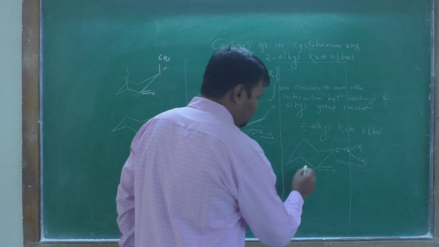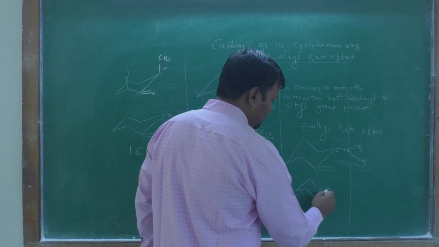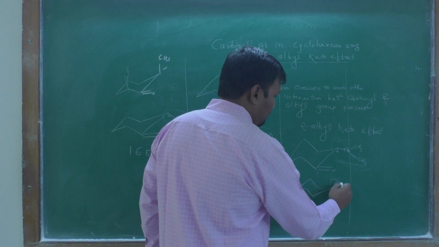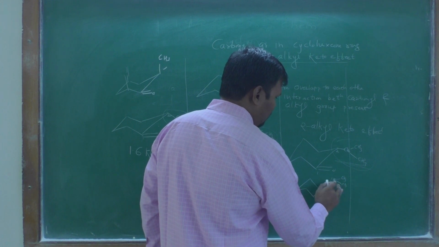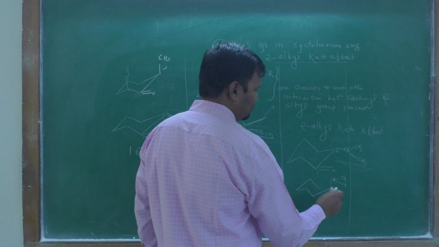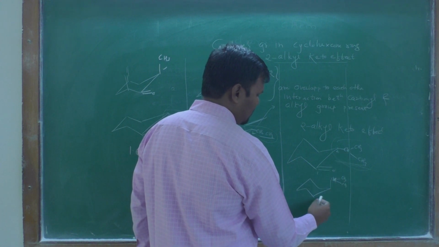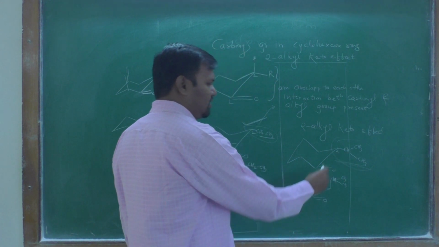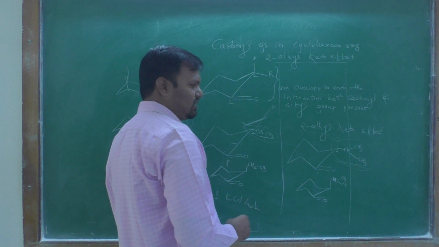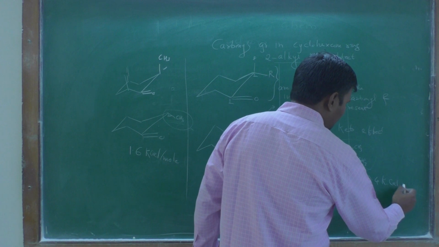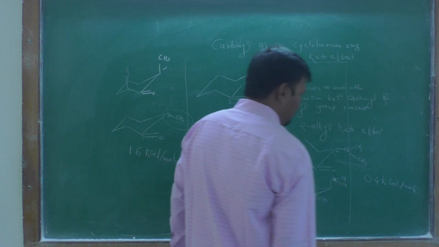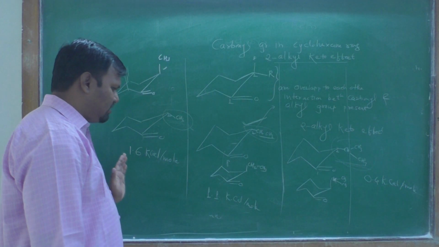In the third case, the difference between the group, okay, CH is not CH2, CH3. The difference between these two groups' energy is 0.4 kilocalorie per mole. Okay, therefore the difference decreases.